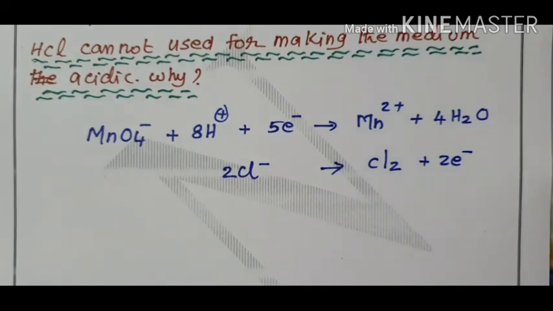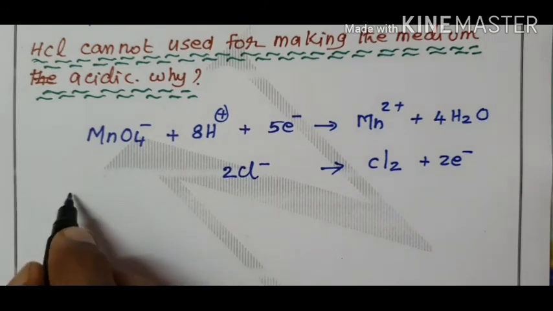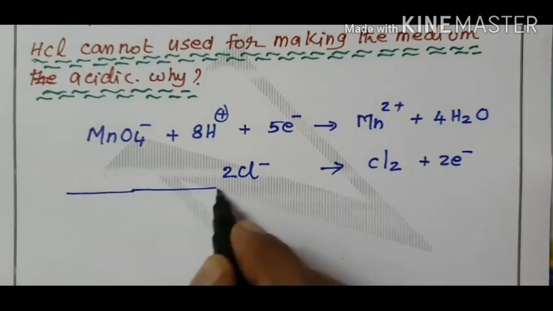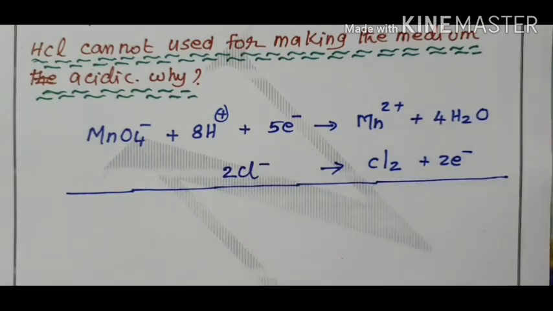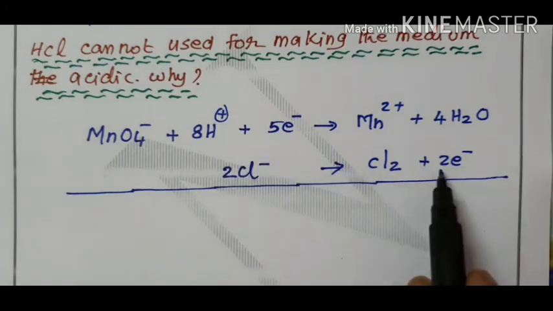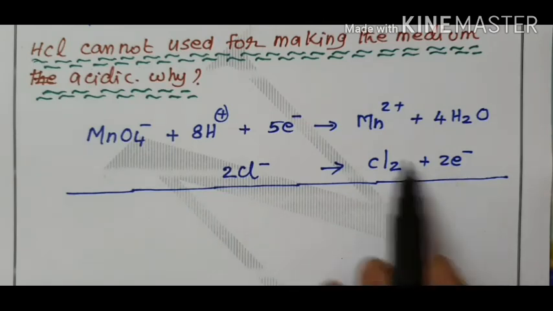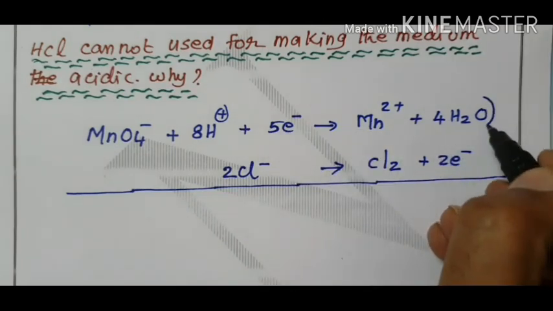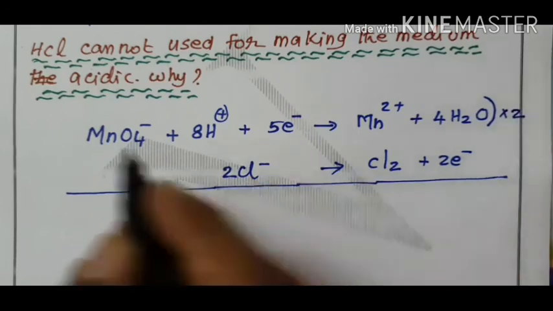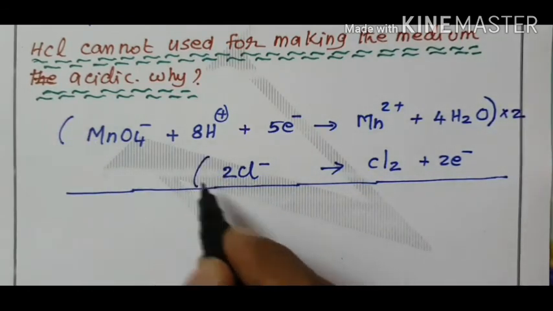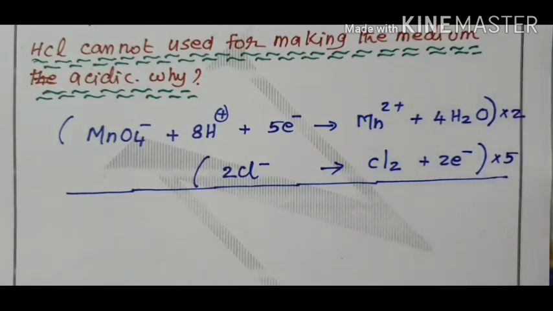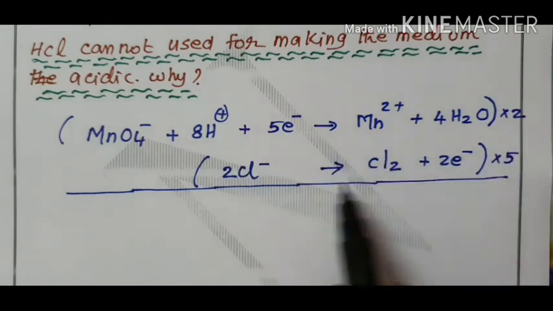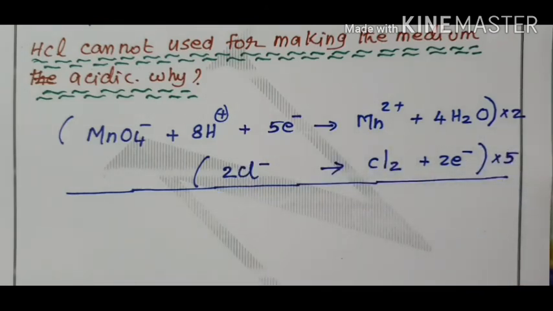Now we have to add the 2 equations. When we add the 2 equations, the electrons in both the equations must be the same. First equation 5 electrons, second equation 2 electrons. To balance the number of electrons, first equation is completely multiplied by 2 and second equation is completely multiplied by 5.